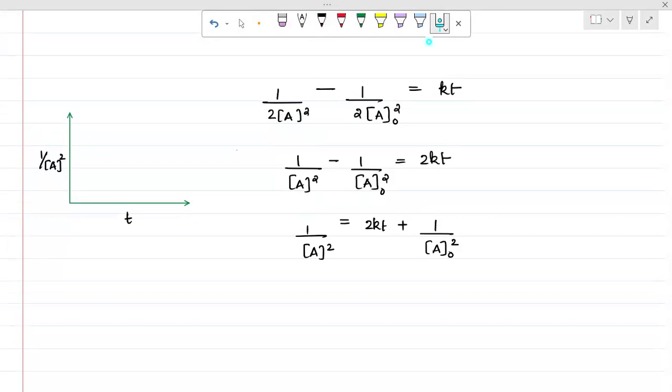Correct? So this is my y, this is my x. So I'm going to get a straight line whose slope is 2k and intercept is 1 by a naught square. Correct?